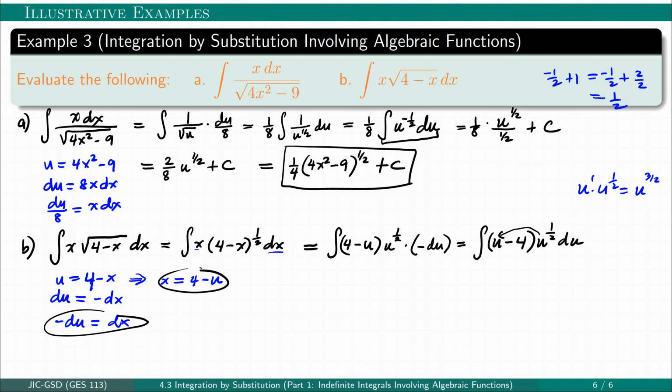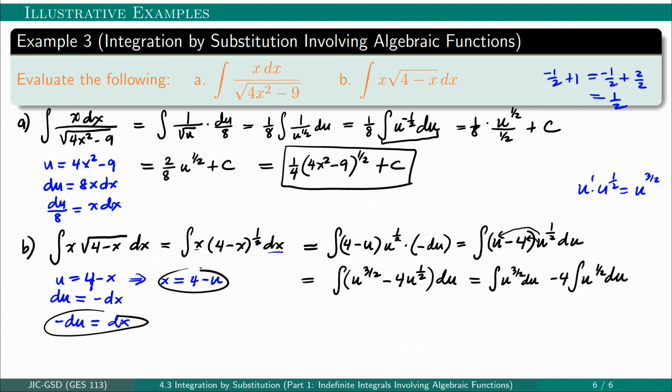We will get the integral of u^(3/2) minus 4u^(1/2) du. Splitting this integral into two integrals, we will get the integral of u^(3/2) du minus 4 times the integral of u^(1/2) du.